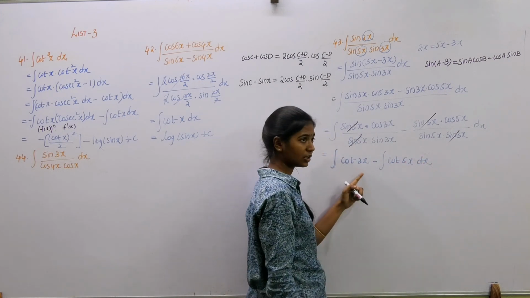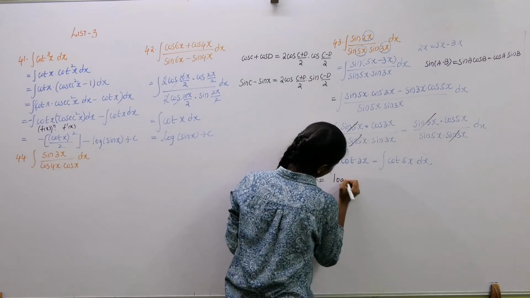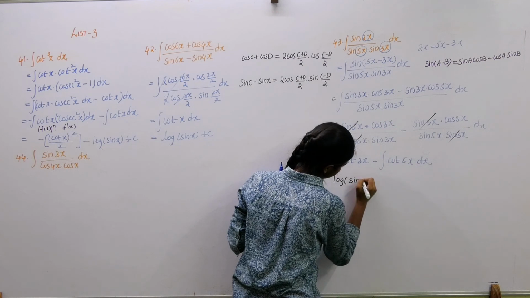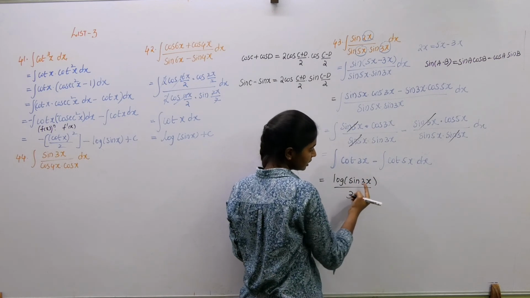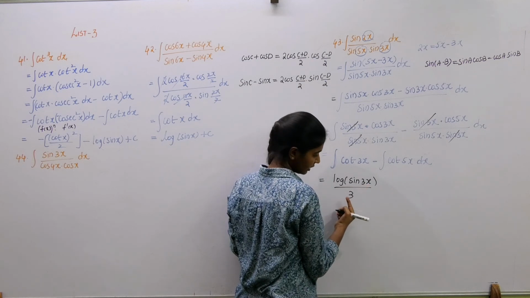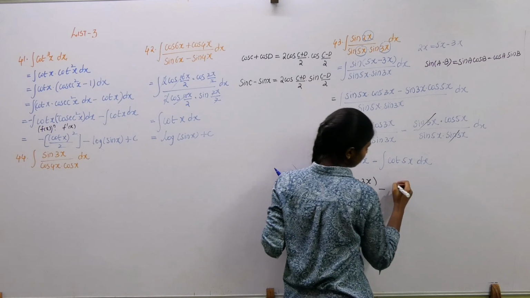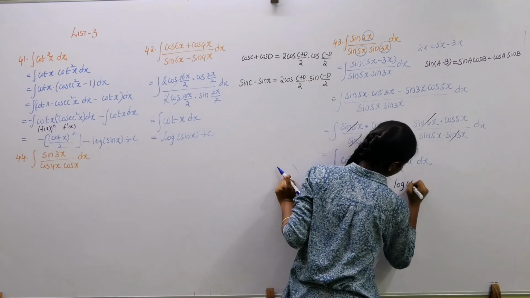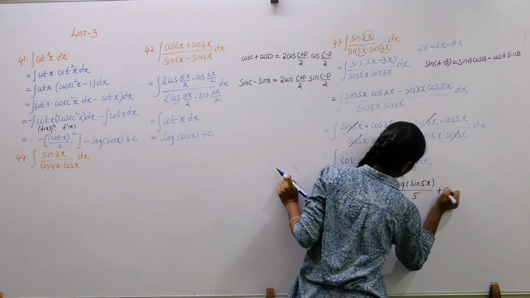We have integral cot x is log of sin x. It is equal to log of sin 3x by 3. Why have I written 3? Coefficient of x is 3, so again write it in the denominator. Minus integral cot 5x dx, log of sin 5x by 5, plus c.